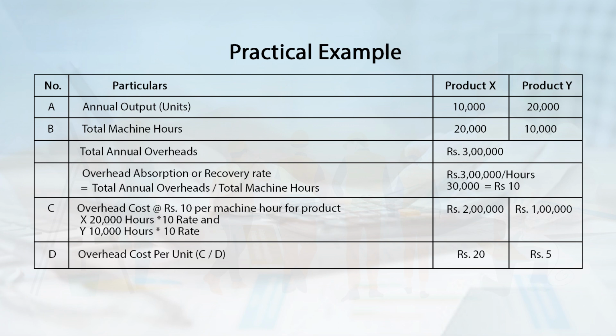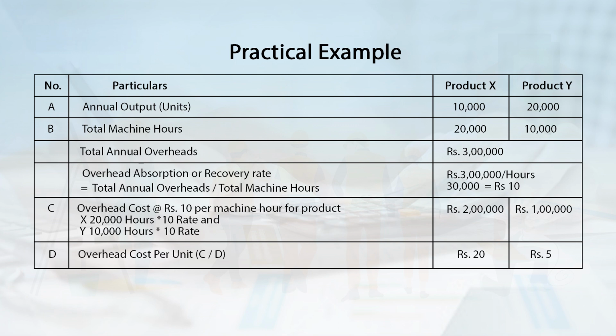Now, let us allocate this cost. Overhead cost at rupees 10 per machine hour for product X is equal to 20,000 hours into rate of rupees 10 per hour, giving amount rupees 2 lakhs, and for product Y 10,000 hours into rupees 10 per hour gives us rupees 1 lakh.